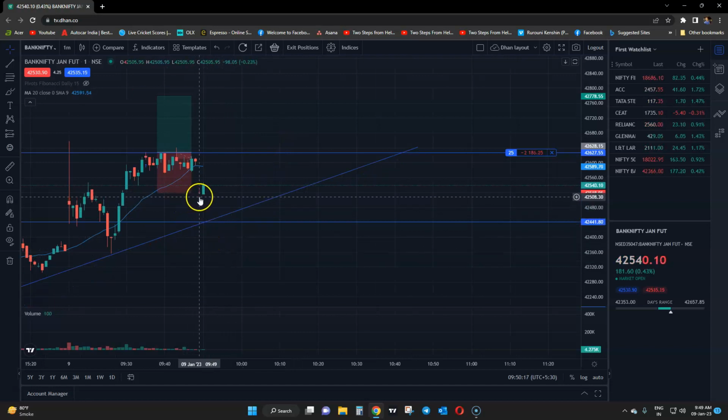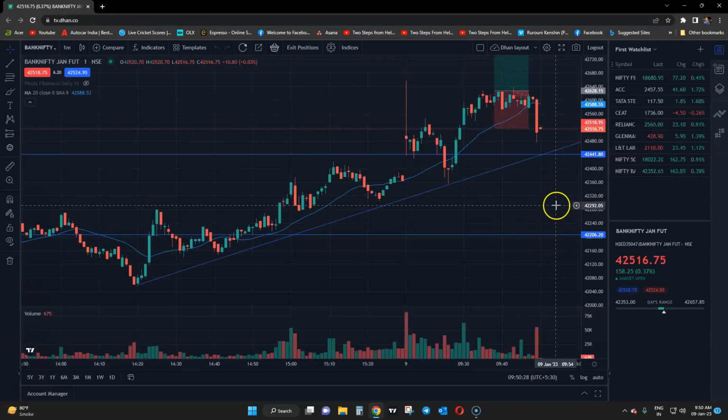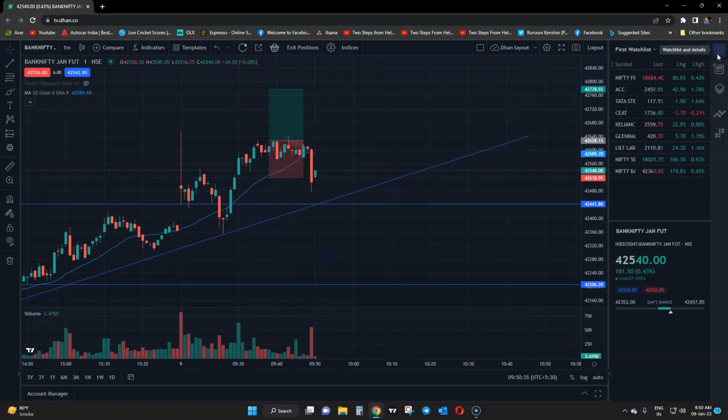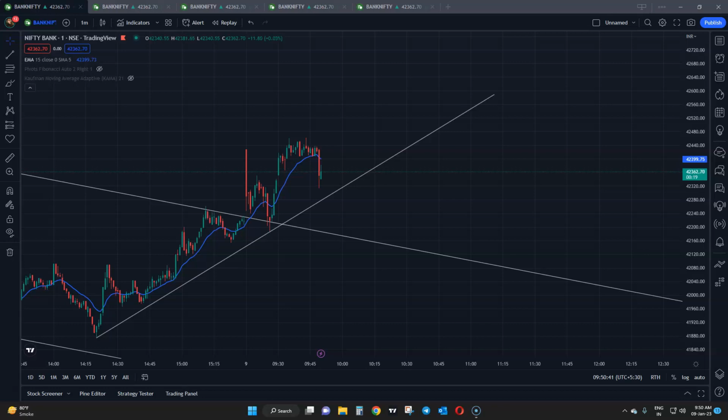It went exactly here. Yeah, we stopped out. There you go. It's a big bear candle that took me out. I think this could mostly be because of no liquidity.